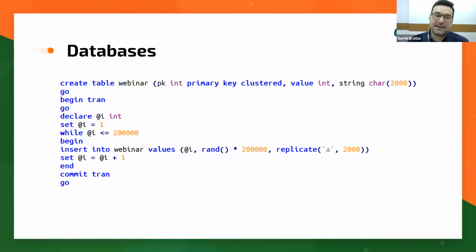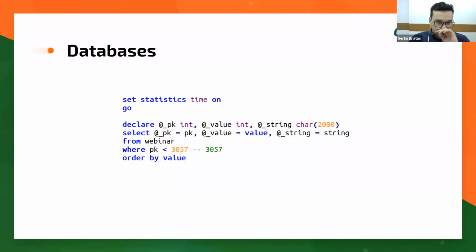It's a very simple table which has a primary key, a value, and a big string. We insert some data into this table and just measure how quickly this query will run.